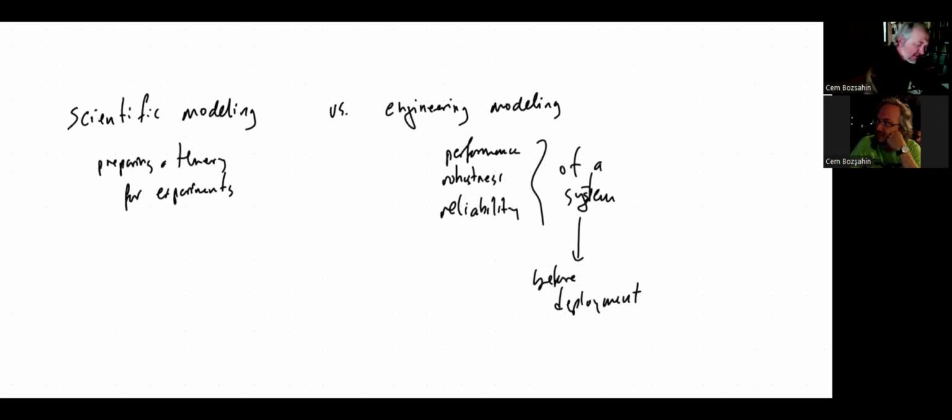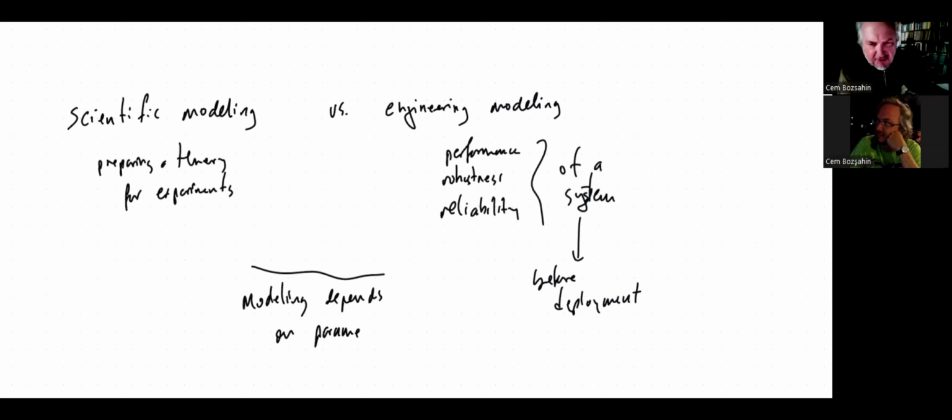One thing in both cases, we know that modeling requires some kind of parameters. Essentially, a parameter in science is a set of values that identify a data point.